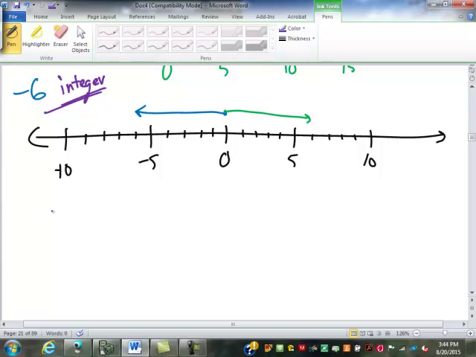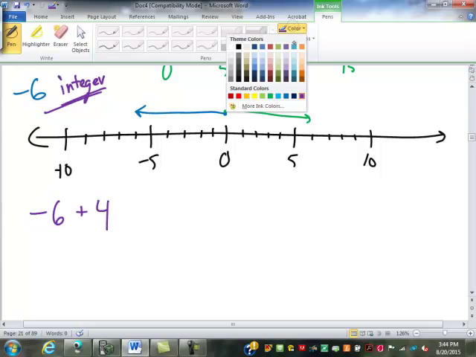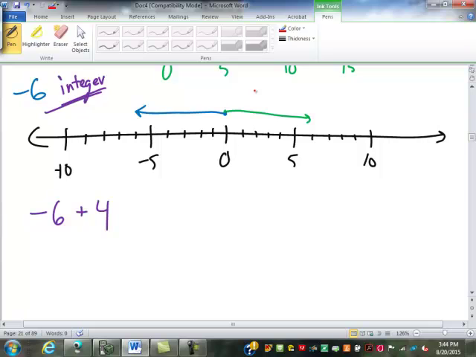If I do an operation with integers like -6 plus 4, I can combine those vectors. Here's -6. I already have that in the blue one. +4 looks like that.